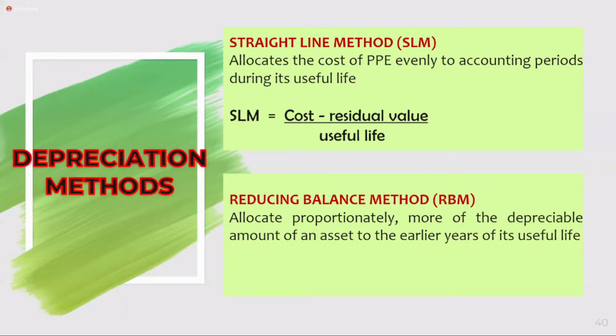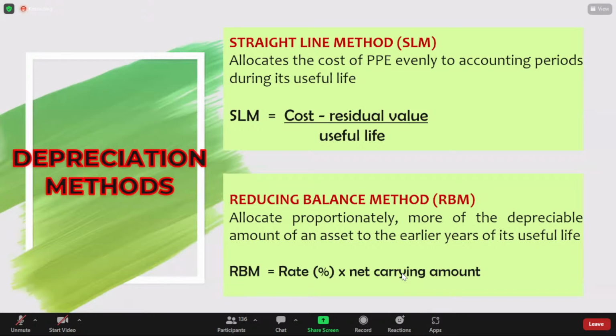Kalau kata ikutnya hari itu masa Boris bagi tahu pelajar-pelajar kami is the diminishing reducing balance method. Diminishing balance method ataupun accelerated, sama saja. Okay, cuma di sini kita panggil reducing balance method. Formulanya will be rate kali dengan net carrying amount.